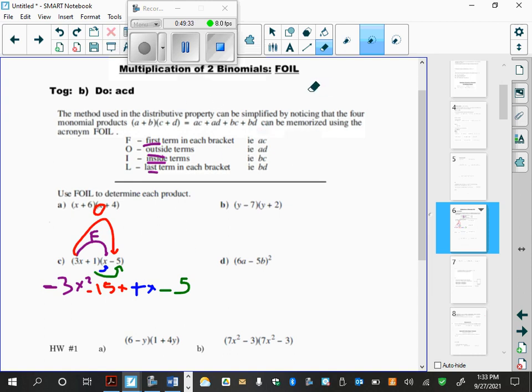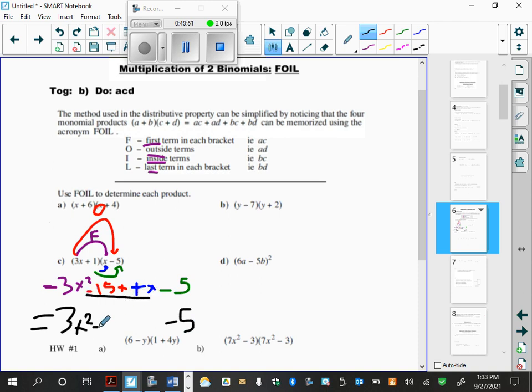And now, of course, we collect like terms. You can write down the first and last term first if you want to, it doesn't matter. It's the middle terms that are going to be collected 99% of the time, grade 10. So -15 plus 1 is negative 14x. Good job.